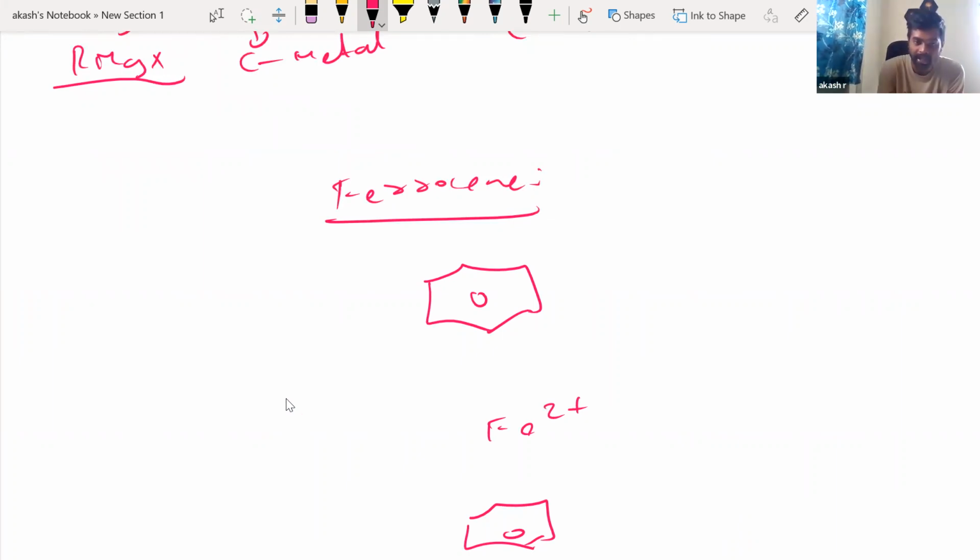Now we understand that this round means there are basically 6 electrons. All the electrons are in pi bonds, three pi bonds with 2 electrons each, and all of them are in conjugation. That is why we don't represent it like this; we will be representing it with the help of a circle. That makes sense.